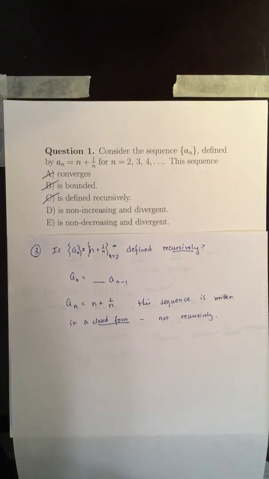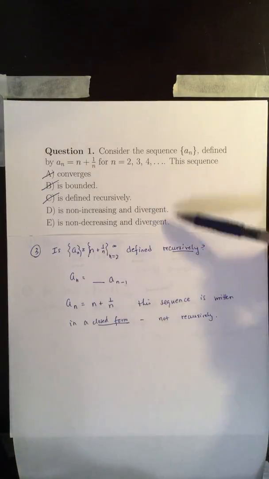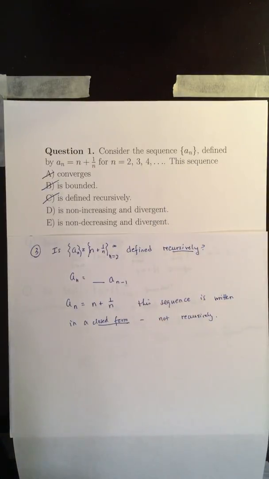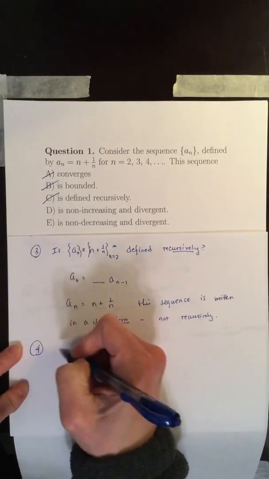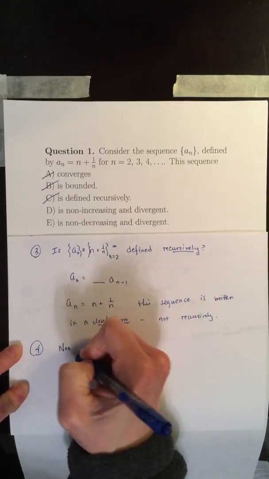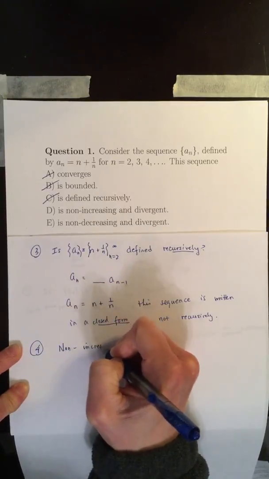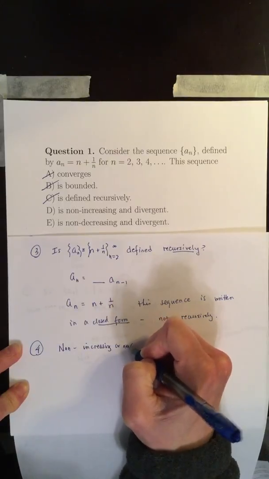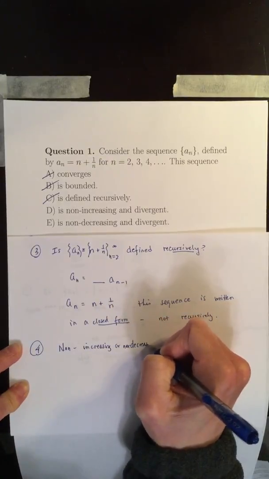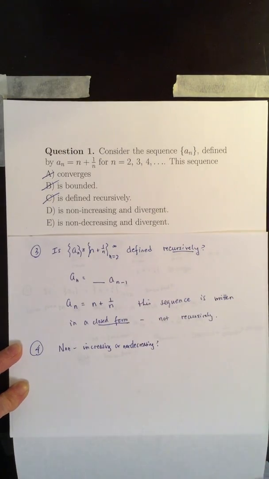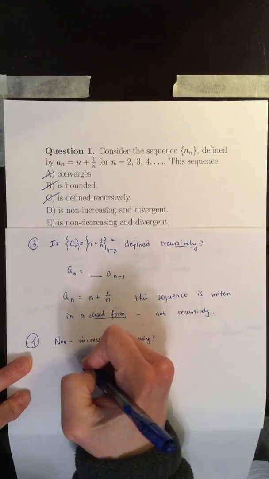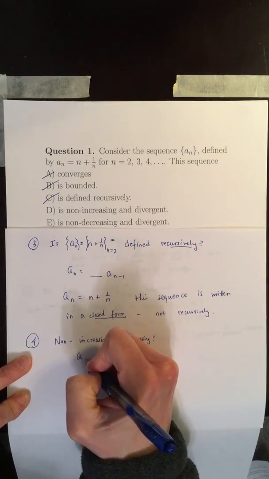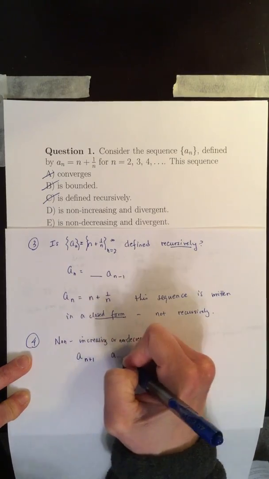So now we know that the sequence is divergent. We just need to discuss, is the sequence non-increasing or non-decreasing? So we consider, what is the relationship between a sub n plus 1 and a sub n?